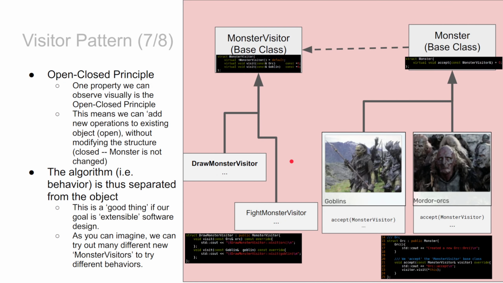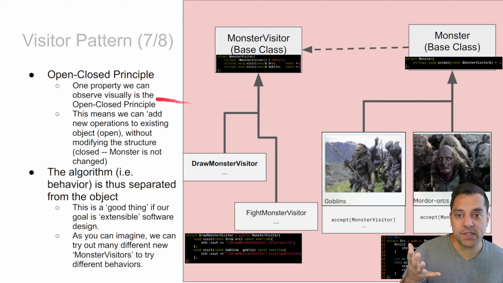Okay. Now, we tend to like this pattern because, one, it follows this other nice principle. In the previous video, we talked about don't repeat yourself, where I was repeating code in goblins and orcs and so on for various behaviors. It follows the open-closed principle, meaning that this class here, our monster, is open for extensibility but closed for modification.